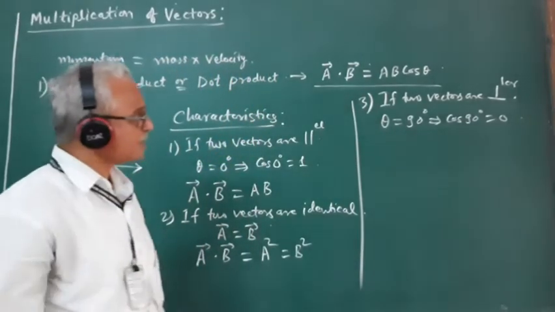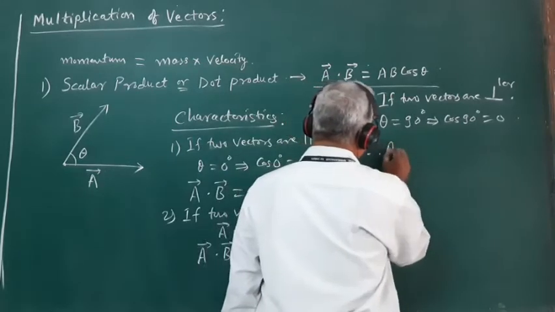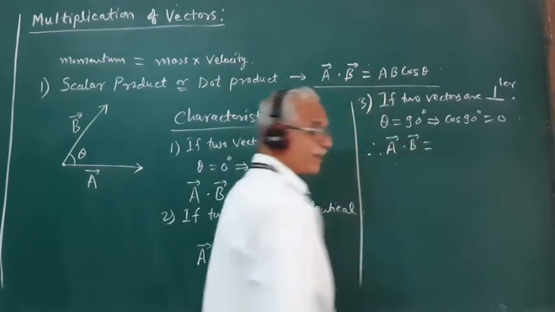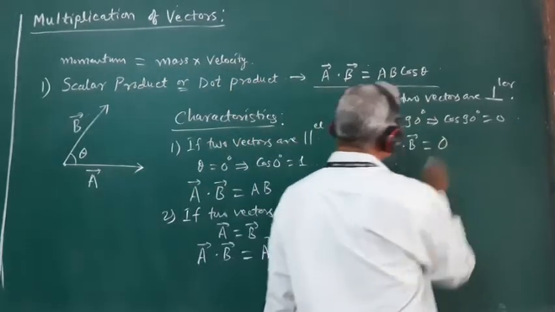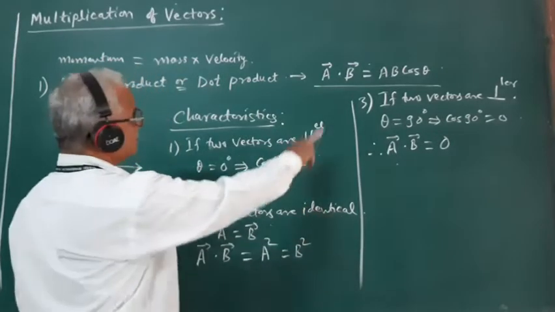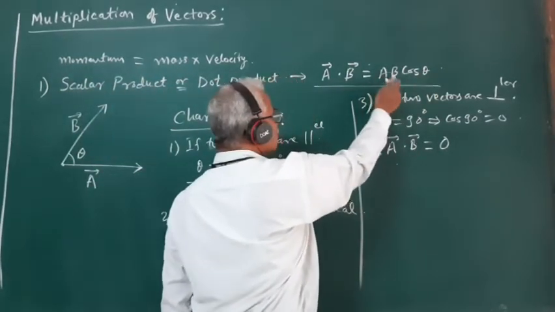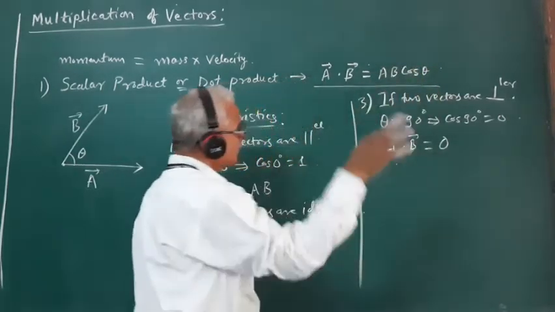Therefore, the dot product of such two vectors which are perpendicular to each other works out to be equal to 0, because dot product is expressed as AB cos theta.